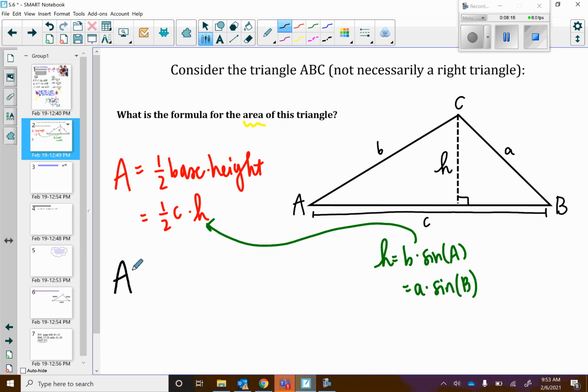What we find is an area formula for a triangle that does not need the height. So 1/2 C times, we'll start with this first one, B times sine of A.